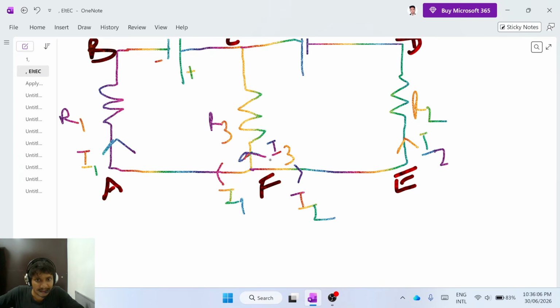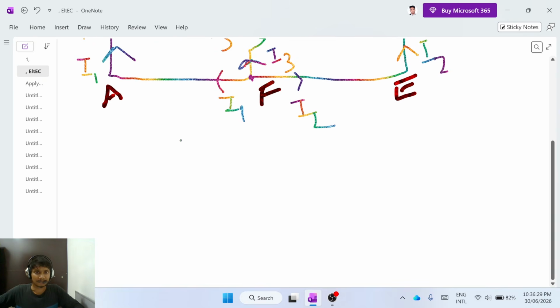I1, I3, I2 are outgoing from this F node, from this F point. I1 is outgoing, I2 is outgoing, I3 is outgoing. There is no incoming current. All are outgoing currents.